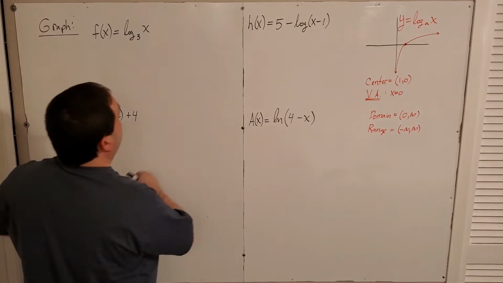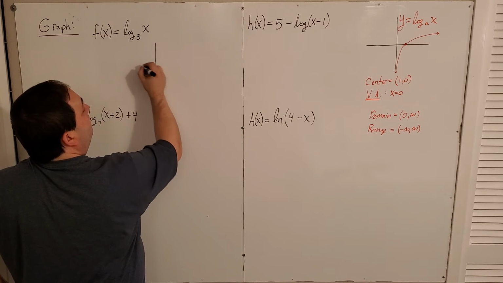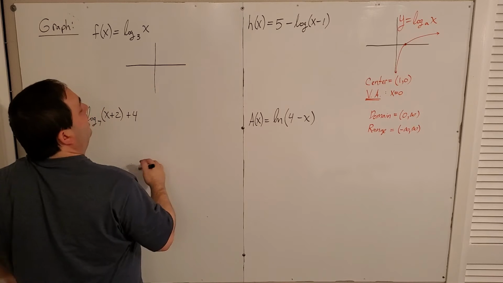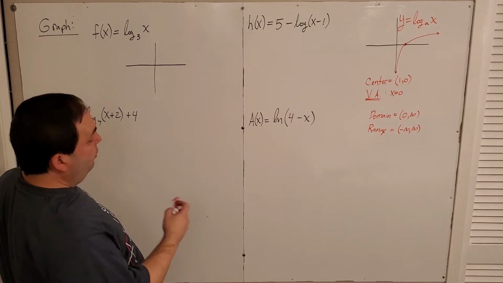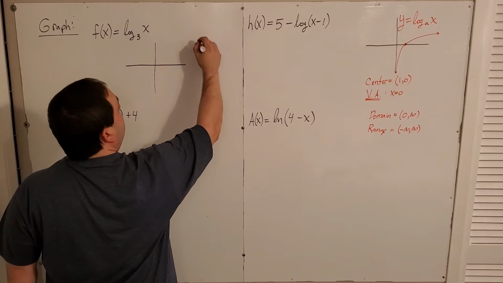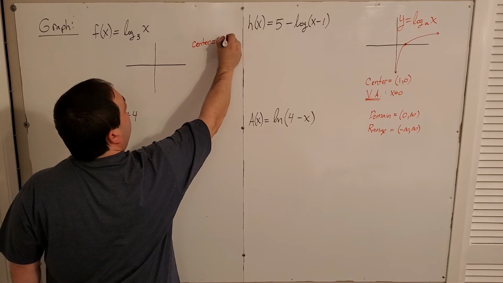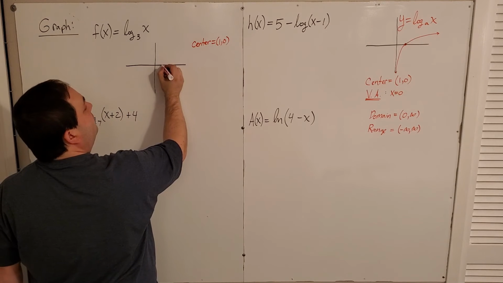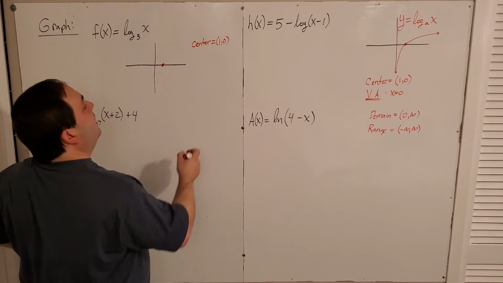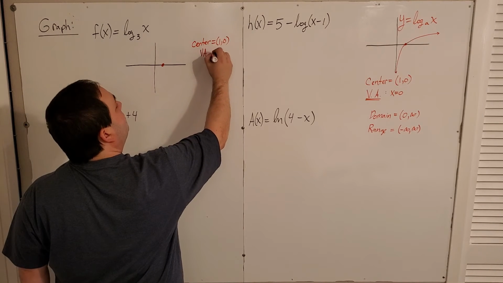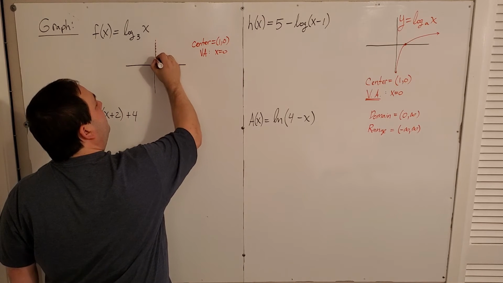You're not going to be able to tell the really fine curvature on this thing. So when I put my grid up, I remember that I've got a center of 1, 0, and it's not changed, so it's still there. And I remember also that I have a vertical asymptote at x equals 0, which is still there.